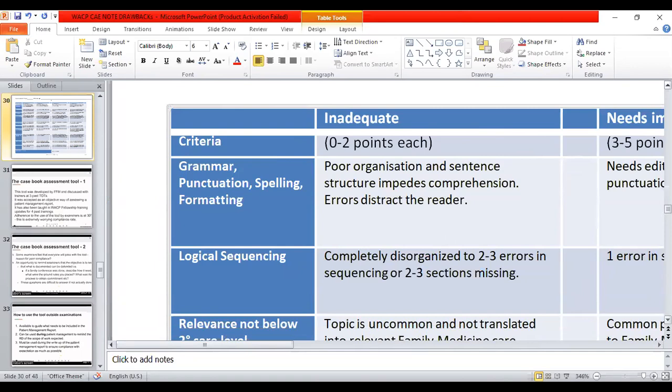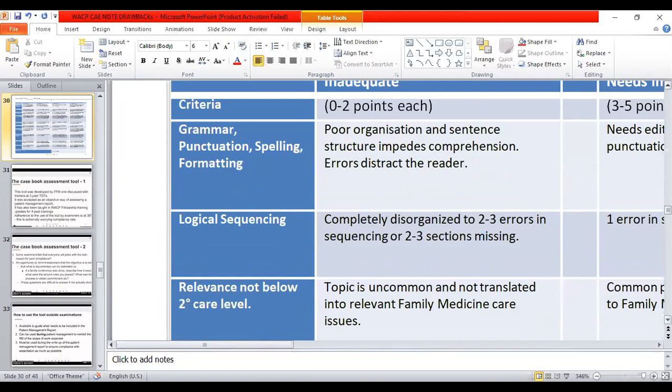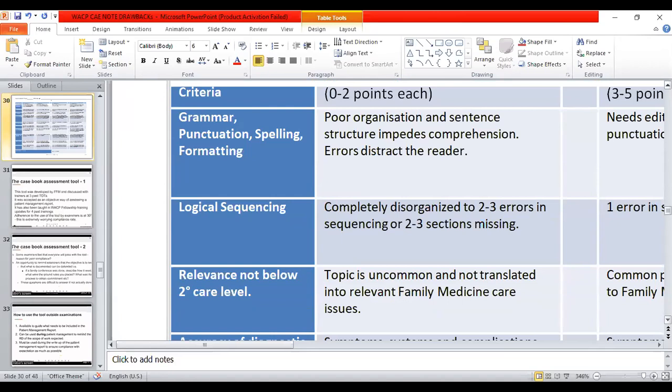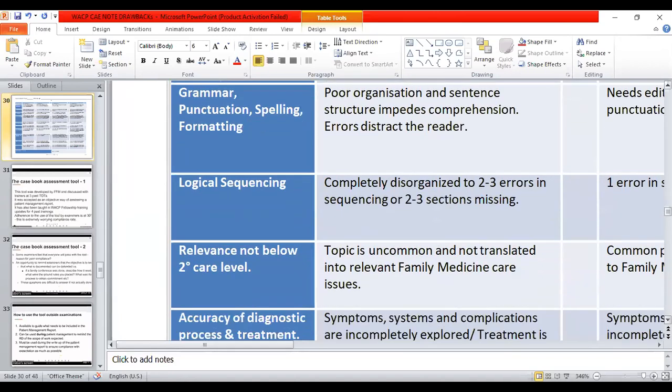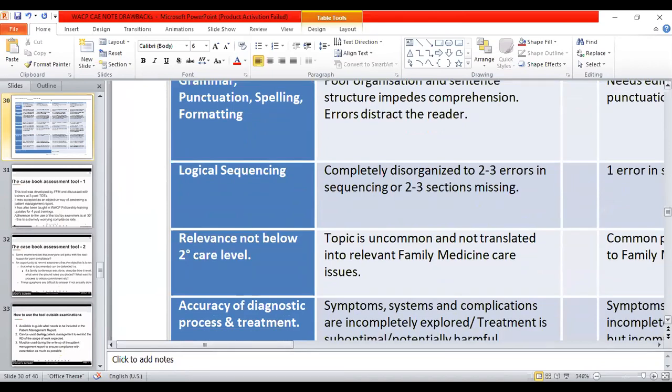Have you arranged your presentation to follow a logical way: history of presenting complaint, the whole history, examination, management, discussion, conclusion. Relevance: not below secondary care level. Is what you are presenting at the secondary care level? If it is not, it is scored accordingly.